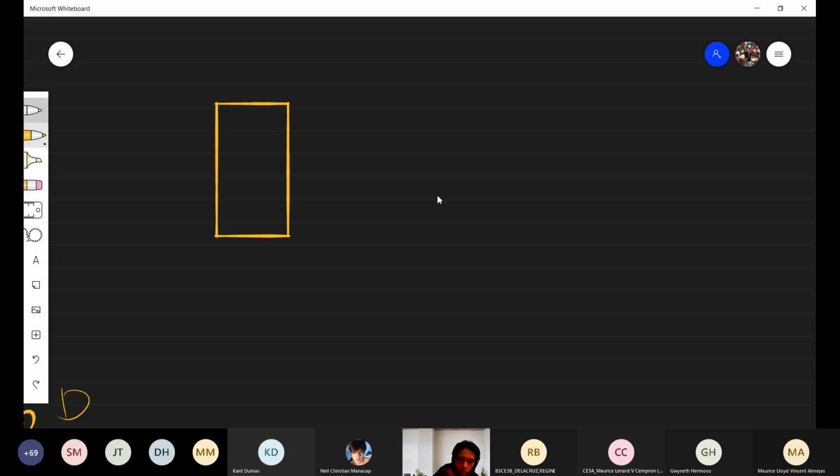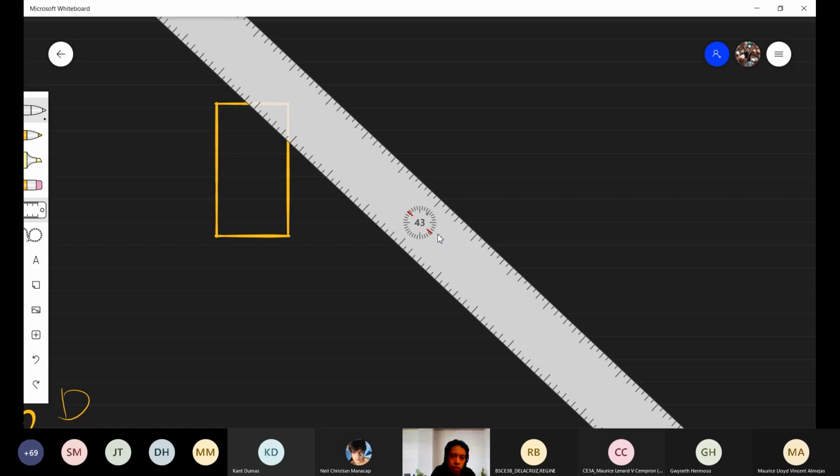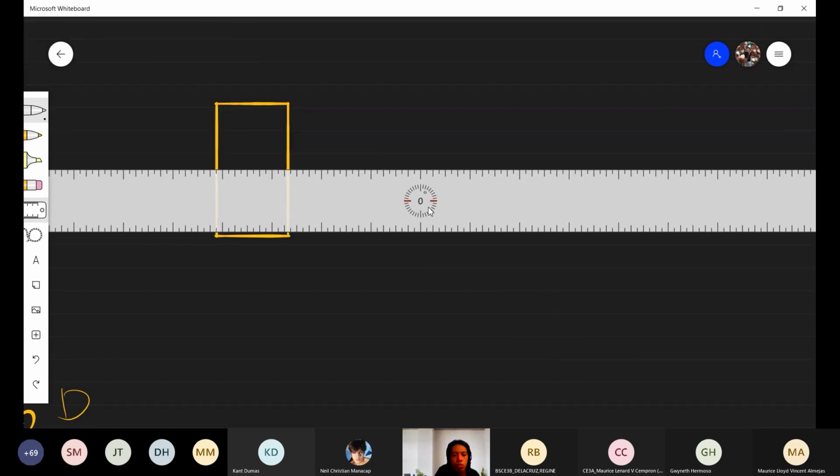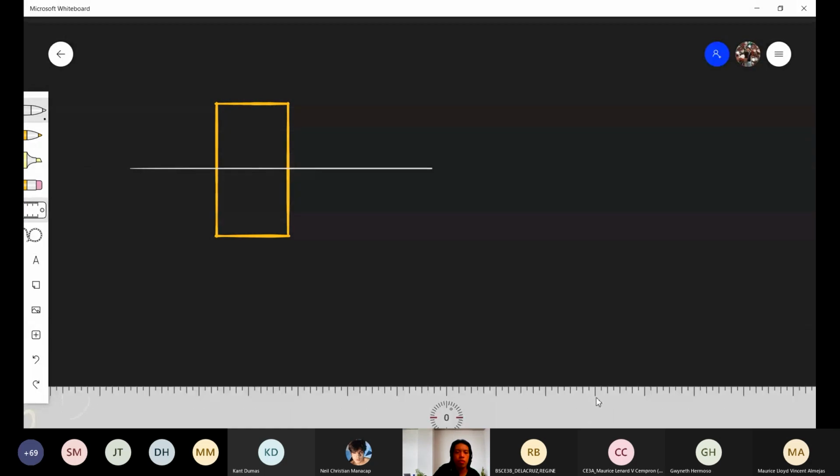Oh, nice. Tapos an neutral axis, or let me use this one. Okay, so we have here the neutral axis.